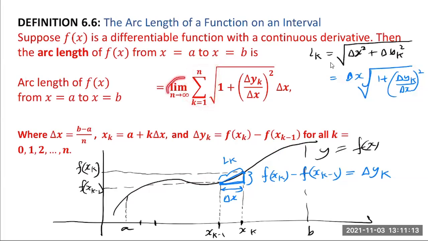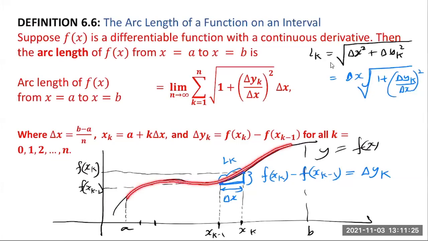Now, if you take the limit as n goes to infinity, that means you are making your delta x smaller and smaller. What happens when you do that? You get the exact arc length of this curve when you take this limit. That's the idea. Here again, delta yk is f of xk minus f of xk minus 1, and delta x is always defined by this quantity, b minus a over n.